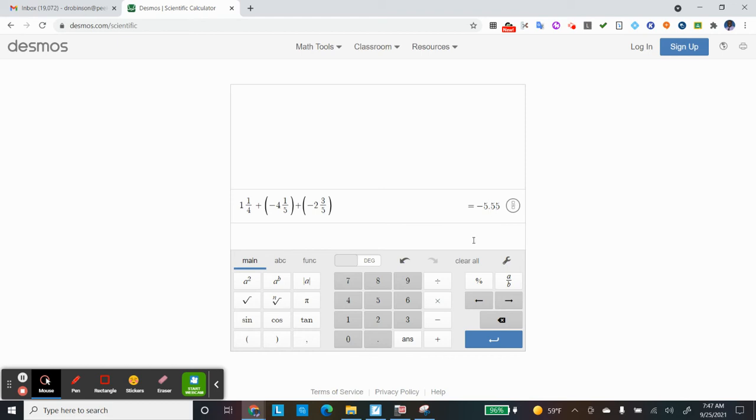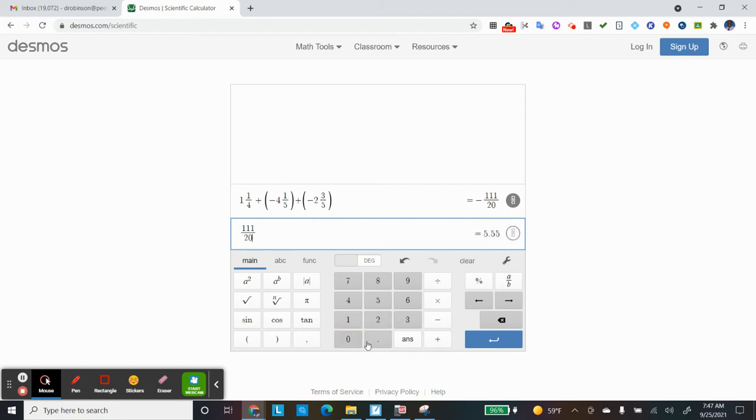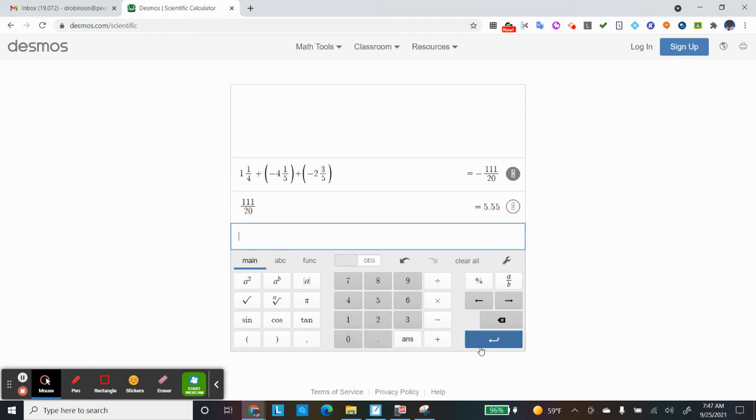I'm curious about that negative 11 over 20. If I take 11 divided by 20, just to see what it gives you, yeah, it gives you 0.55, which is what we got over there.